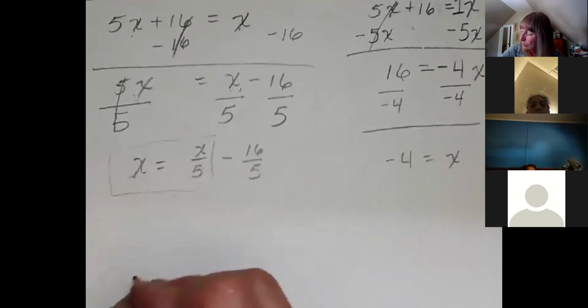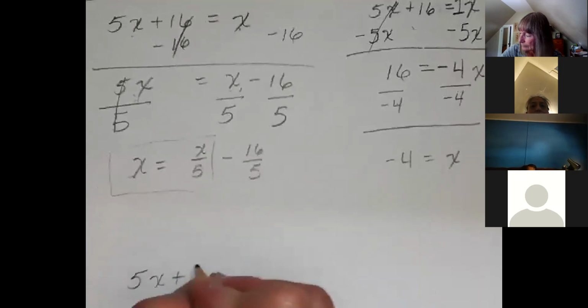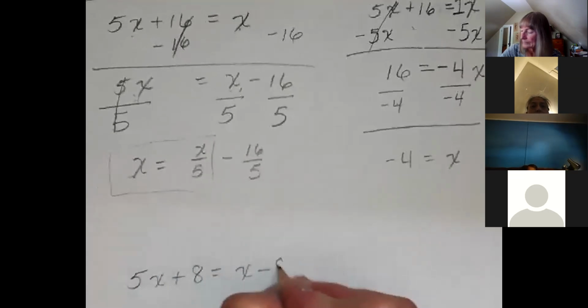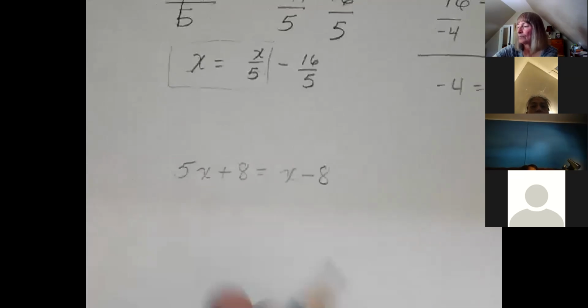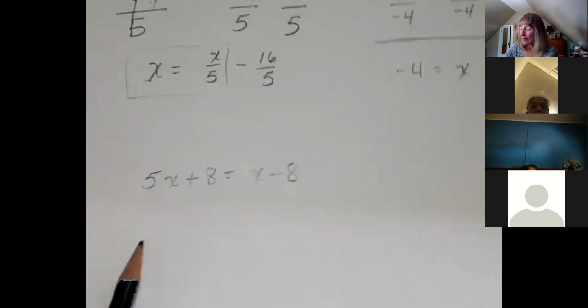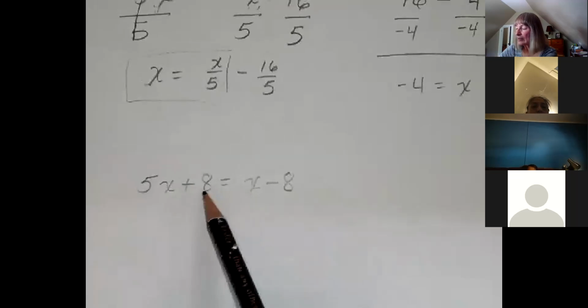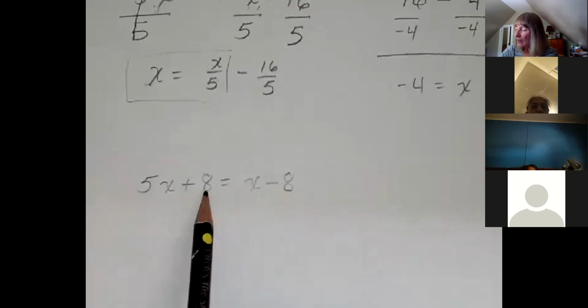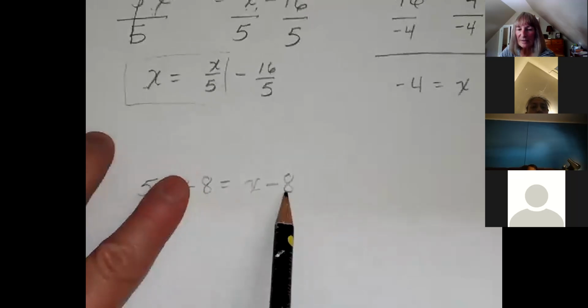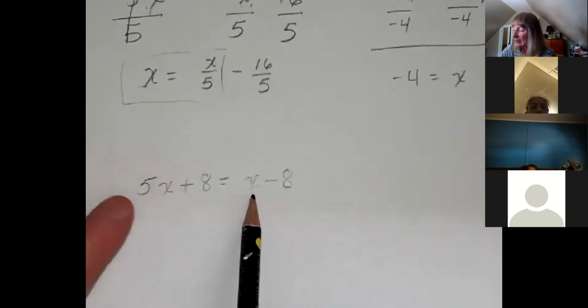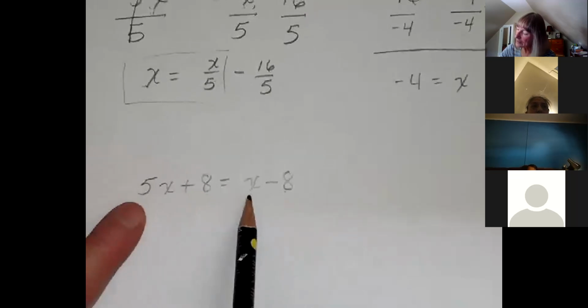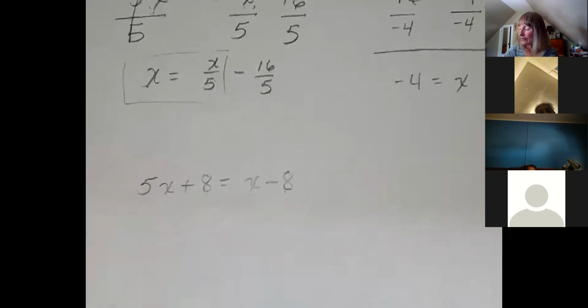So let's make this a rule. Okay, so here's that same problem. Now, to solve this, we had to do a couple of things. We had to get all of the constants on one side of the equation, and we had to get all of the variables on the other side of the equation, and then we had to divide by 5.